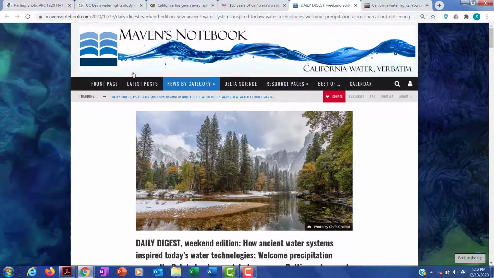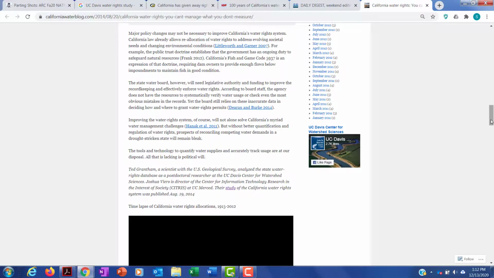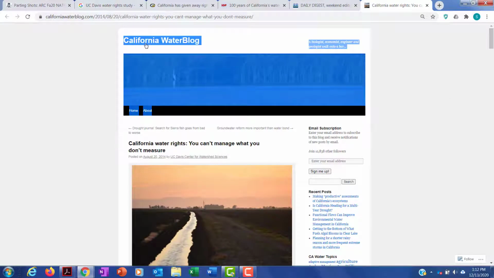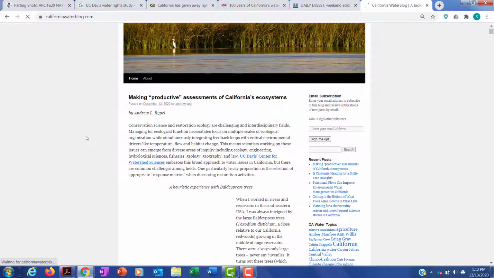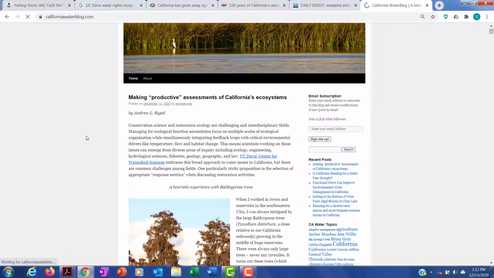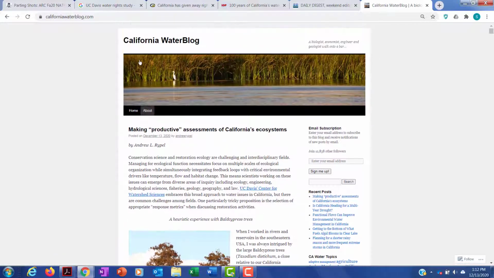Number one, Maven's Notebook. Number two is the California Water Blog. It's called California Water Blog, and it's put on by the UC Davis Ecosystem Group, UC Davis Center for Watershed Sciences. So California Water Blog, one word, UC Davis Center for Water Resources.